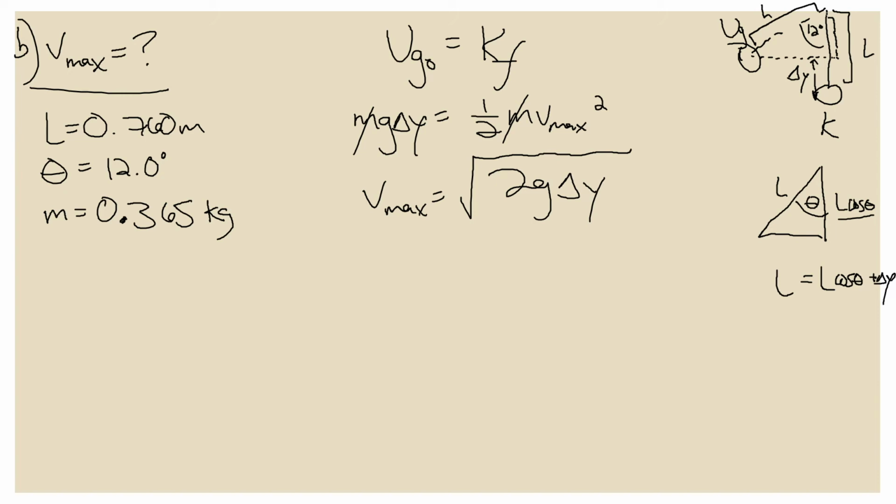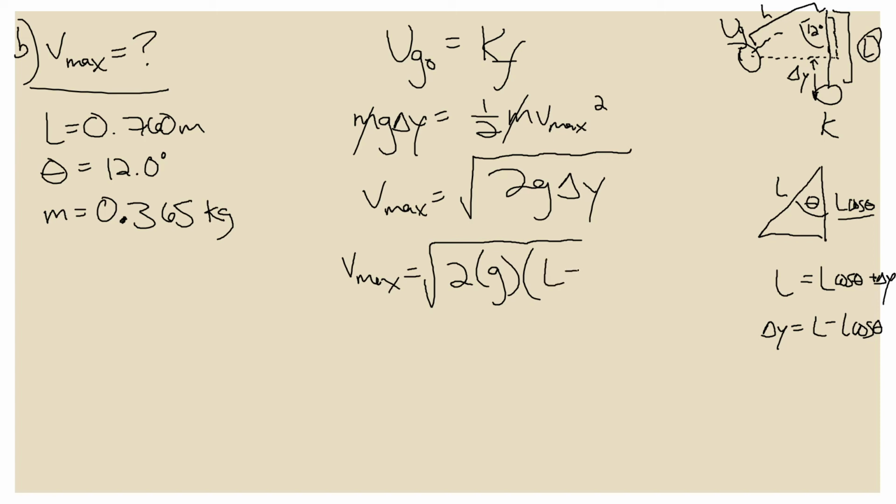And so that means if we solve this for the height, we get L minus L cosine theta. And so that's what we're going to plug in. V max is equal to the square root of 2 times g times L minus L cosine theta. And now we're in business to go ahead and solve for this thing.